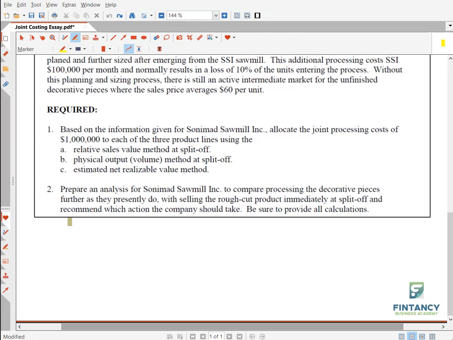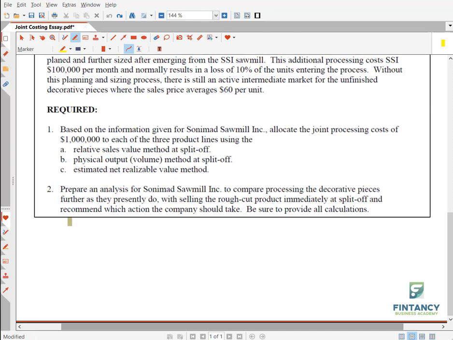Then they are telling you to prepare an analysis for the company to compare processing the decorative pieces further, as they presently do, with selling the rough cut product immediately at split off. So remember, last class I told you you will only use the third method when the company is processing further.